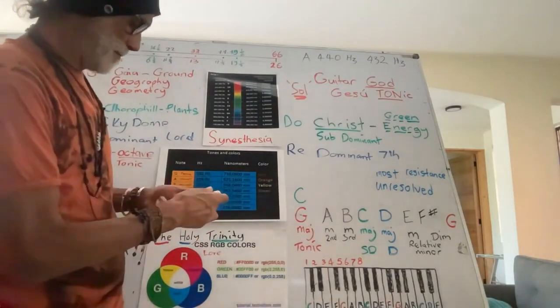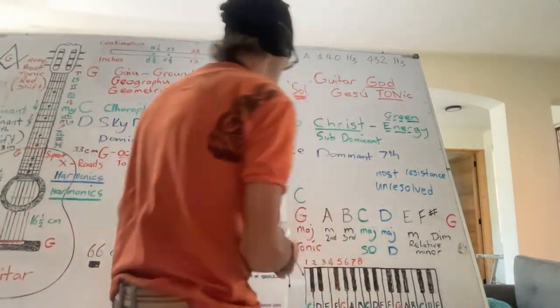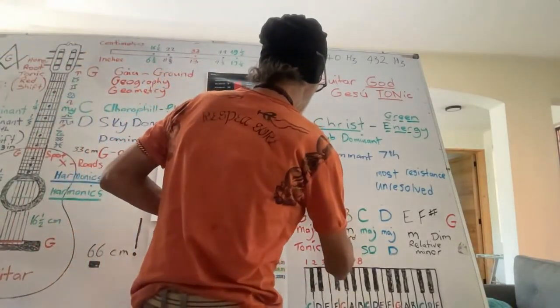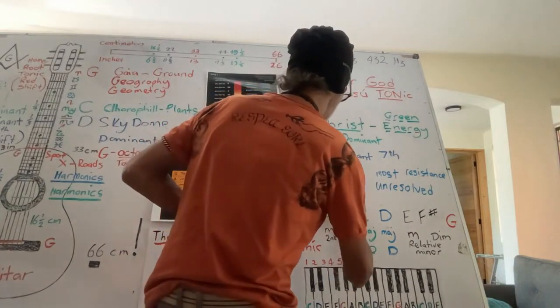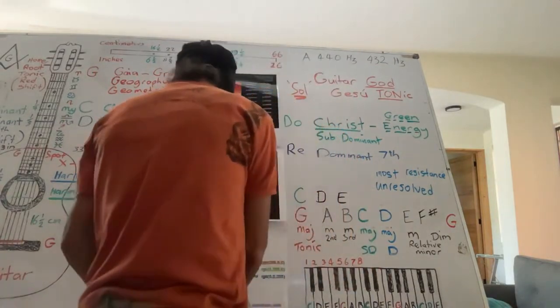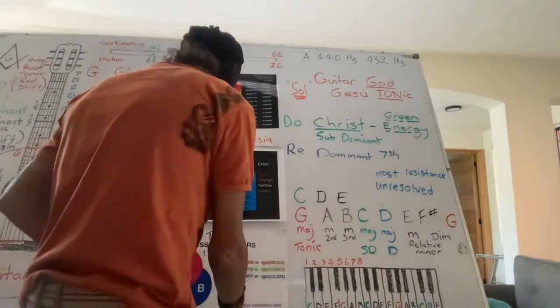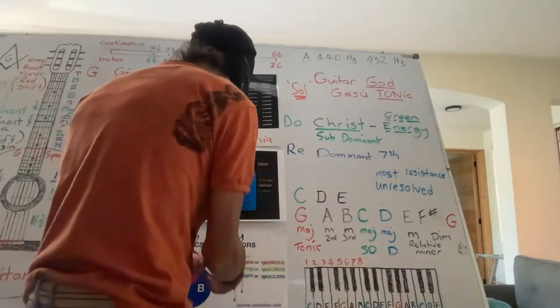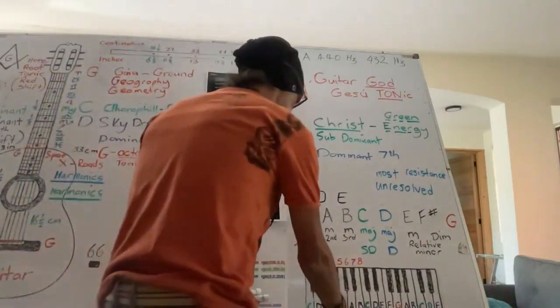C will be there. D, E, F is purple. I don't know how I'm going to get purple here.